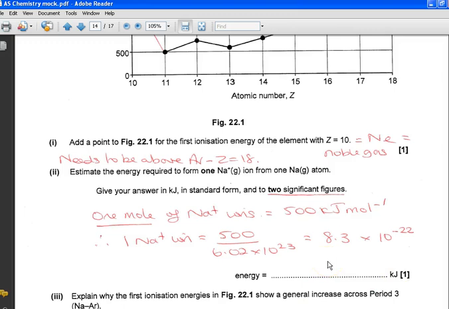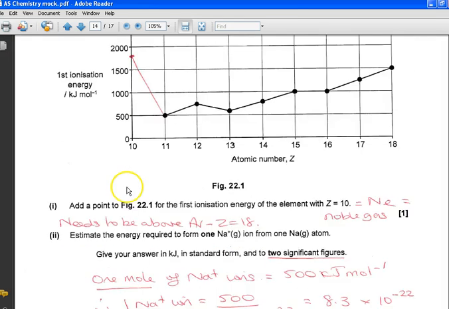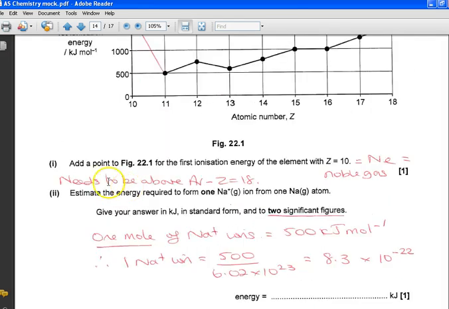And then estimate the energy required to form one sodium ion from 1 sodium atom. So here, ionization energy to form a 1 plus ion is kilojoules per mole, okay, per mole. So we're trying to find one atom.